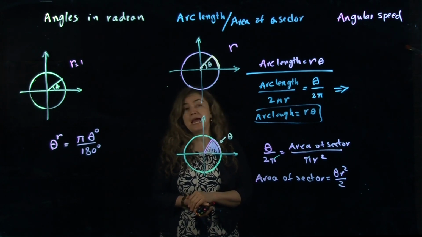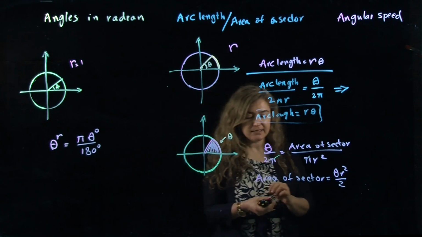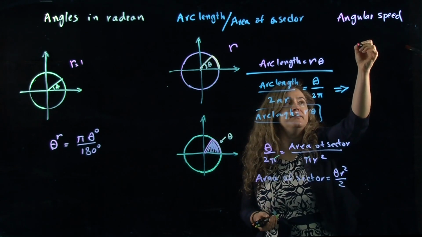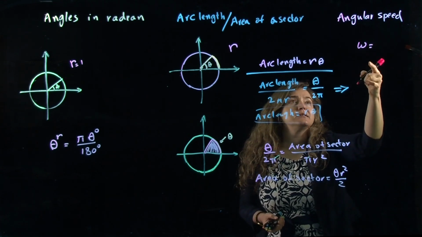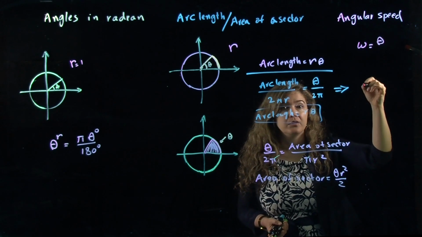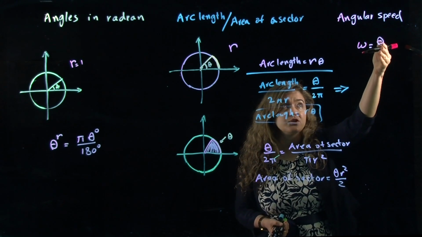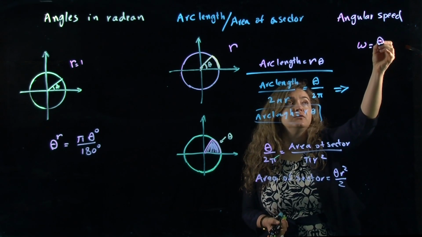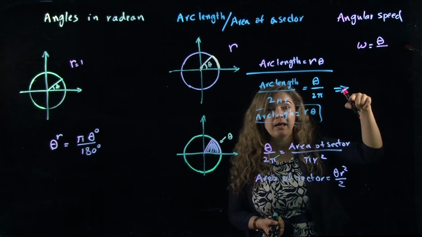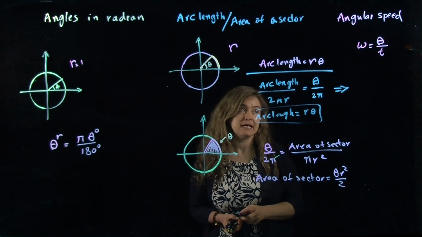The next thing is the angular speed. What is angular speed? We show it with omega. The average angular speed is equal to the angle that has been covered divided by the time that it was covered in.